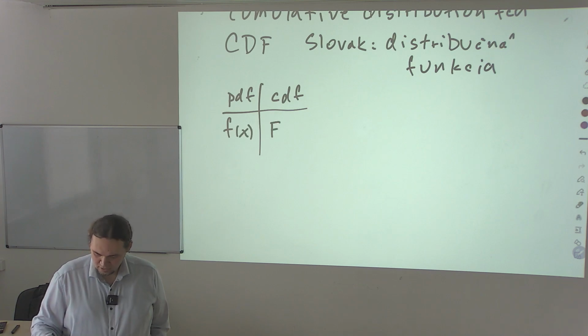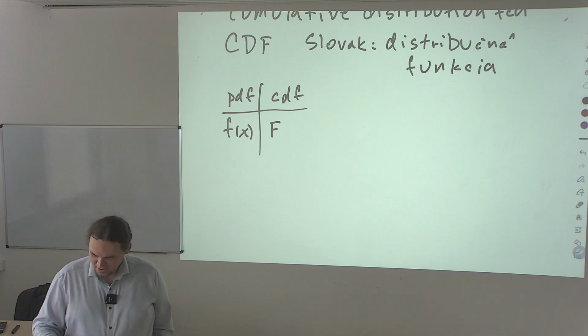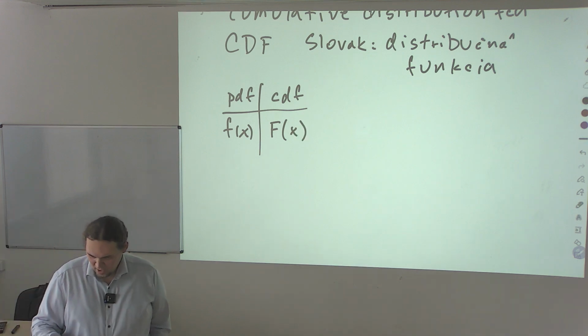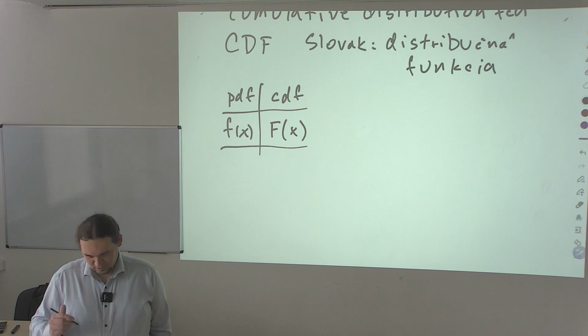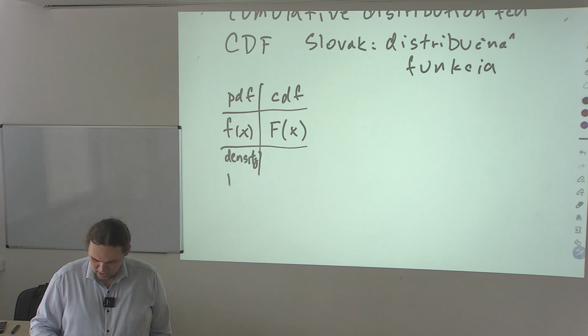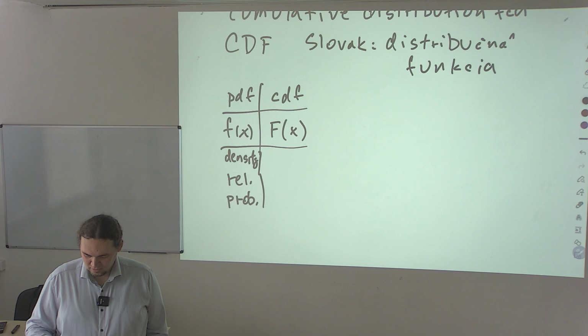We can call the sister function of the PDF, which will be the CDF, and write it with a capital F. Well, this is just notation, but the real meaning is telling. The PDF is only telling us about the density, let's say relative probability, but the CDF will tell us the probability itself. So, Pr for probability.